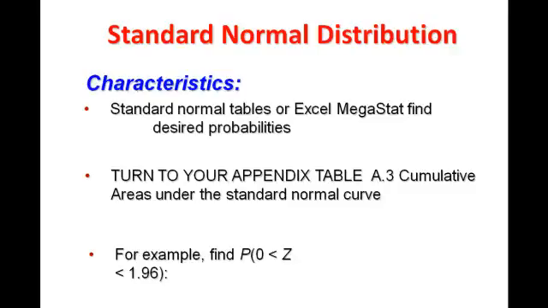Then on the left column, you have Z measured, and across the top, it also measures Z. So you're going to go down the left-hand side column, find 1.9. Then you're going to go over until you get to that column that says 0.06, and you're going to have the answer.